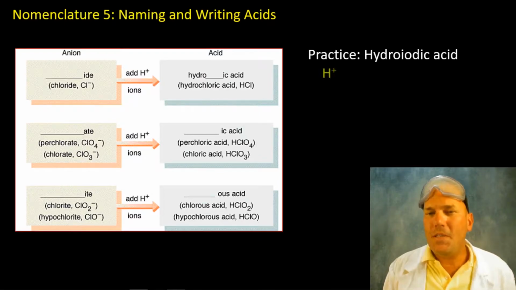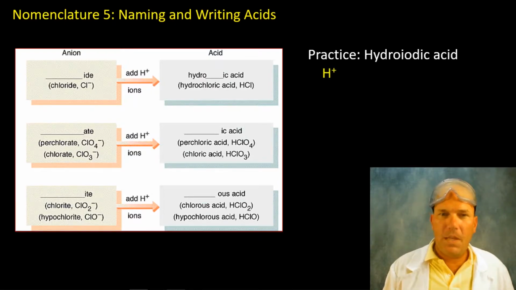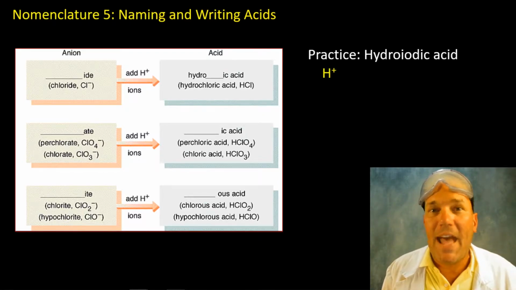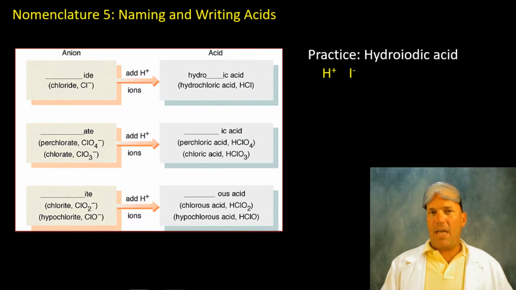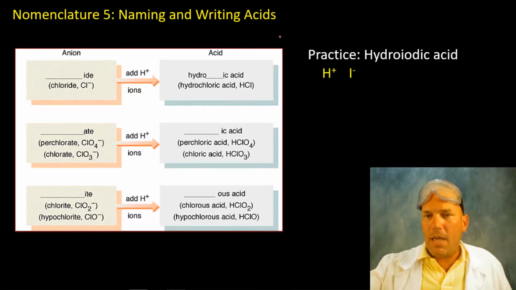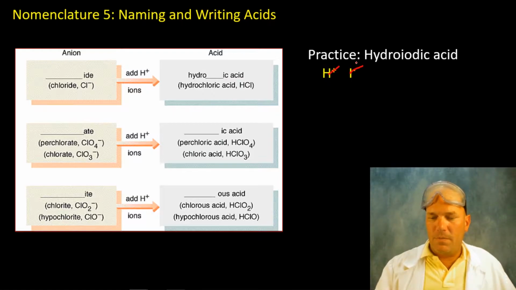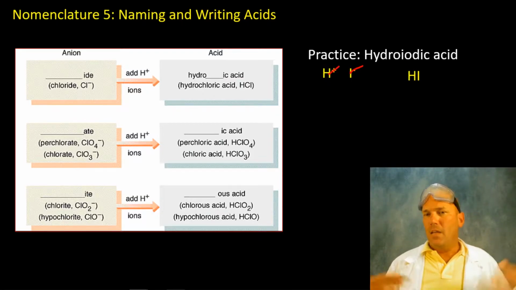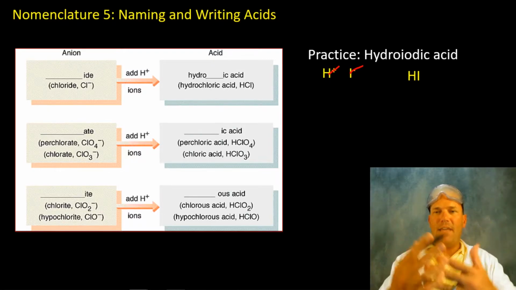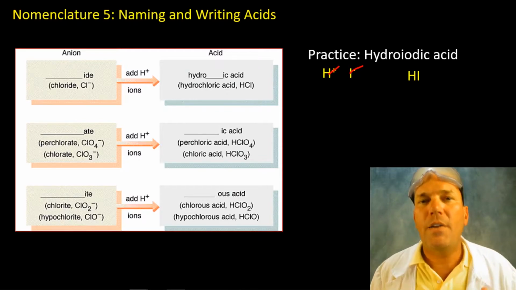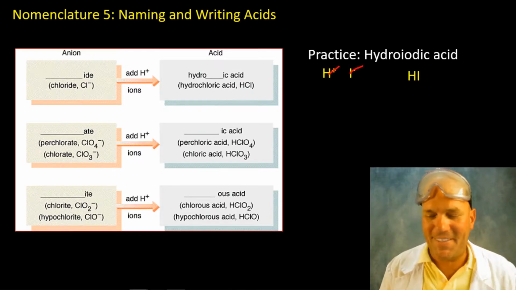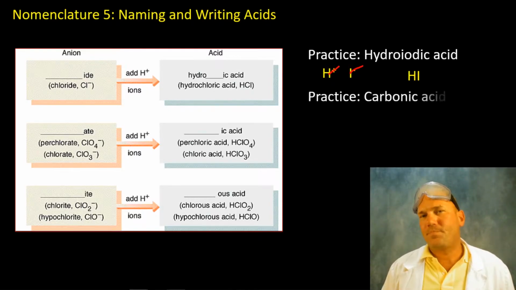So, using that information, we have our proton, our hydrogen cation, H+, and we have the iodide anion, I -1. Remember, we don't show the 1. And if we look at doing our balancing, it's very simple. We have hydrogen and an iodine together in an aqueous hydroiodic acid. Hydroiodic acid.